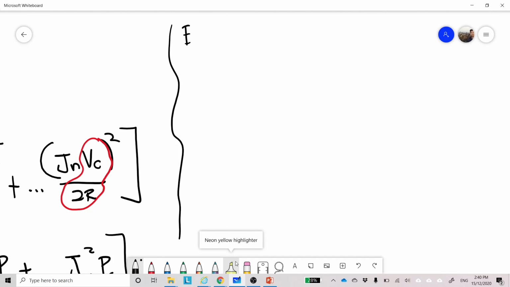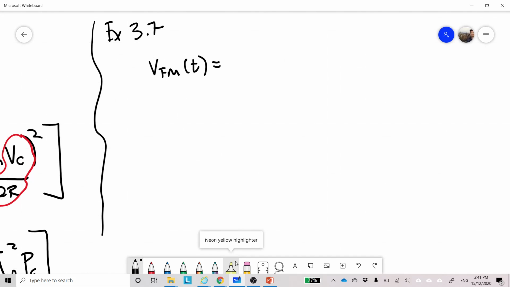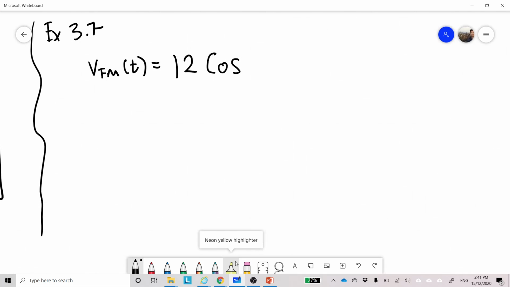So example 3.7. Okay, you diberikan VFM(t) is equal to 12 cos. So you see that this example use a cosine function, so it doesn't matter. Okay, boleh juga.